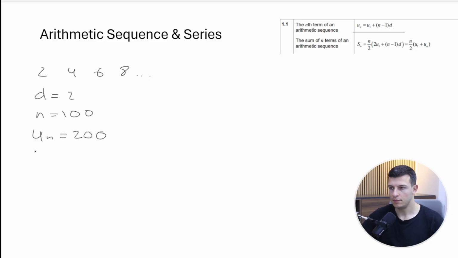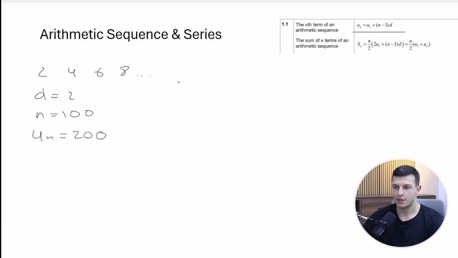Okay? Now the question comes in, what is the sum of the first 100 values? That's where the series comes into play. So a series means the sum of the terms of an arithmetic sequence. So not only am I looking for the nth term here, I'm looking for the sum up until and including that term.